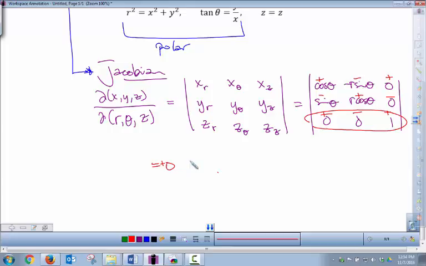It's 0, so whatever is going to come next won't matter because you're going to multiply it by 0. But technically, you would multiply this by whatever this submatrix is after you cross out the row and column that this element is in. So I would cross out that last row, and I would cross out that last column, and then I would have this matrix left: negative r sine theta, 0, r cosine theta, 0, and 0, and 1.